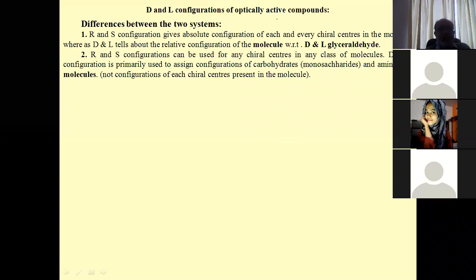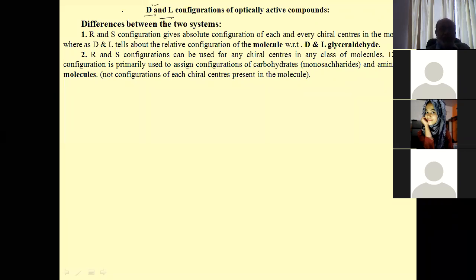Okay. Now D and L configuration. This is what we have to see. Capital D and capital L have nothing to do with your dextro and levo. A structure with D may be dextro, may be levo. Like R and S, that also has nothing to do with optical rotation. Whether it is dextro or levo, we cannot say that.